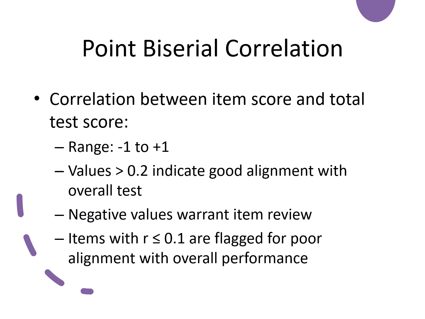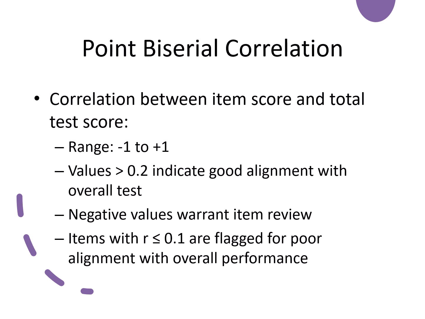Now we'll talk about the PBS, the point biserial correlation coefficient. It is a correlation between item score and total score, and measures the relationship between item score and the total test scores. Positive values indicate good alignment with the overall test score, while items with negative values need to be reviewed.